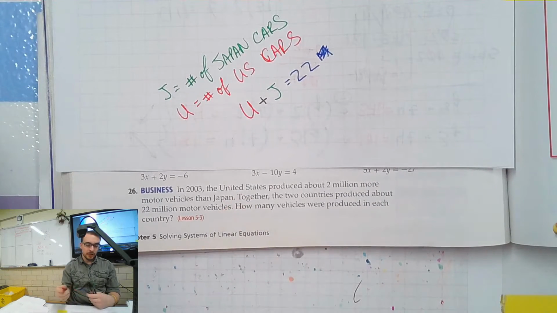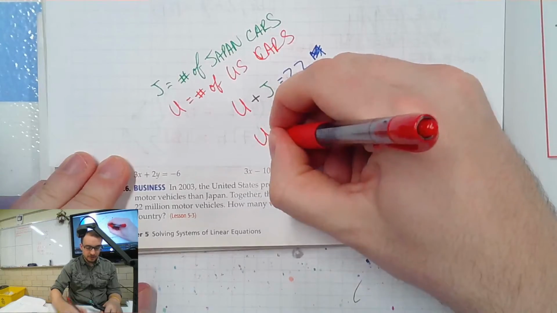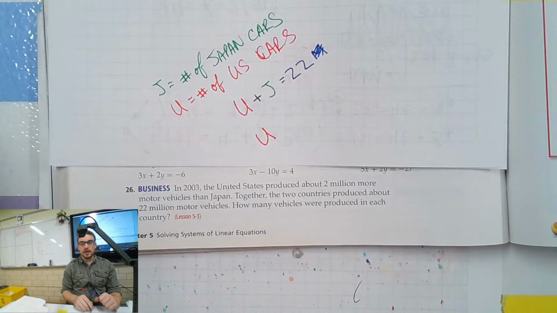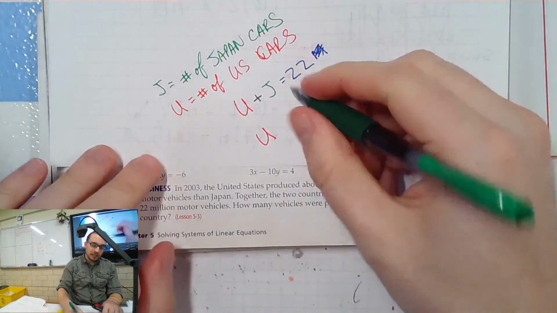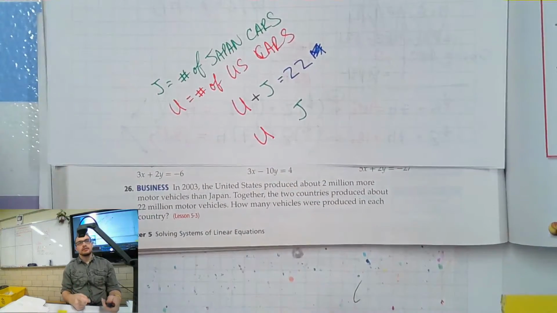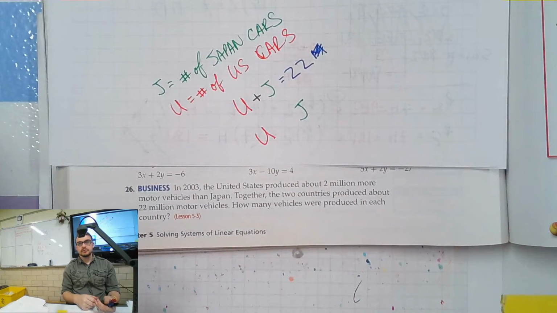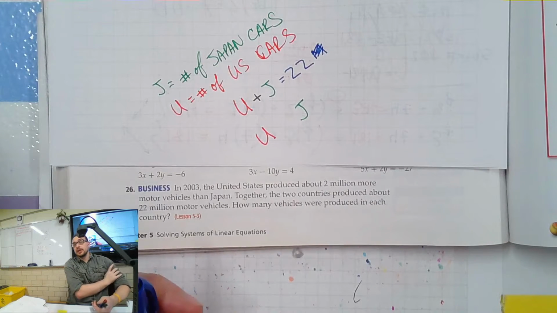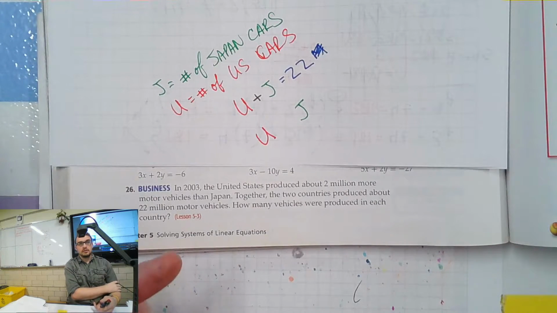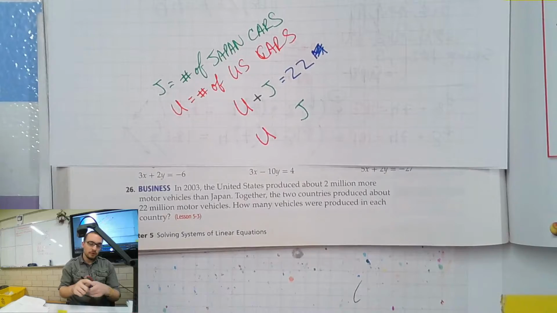Yeah, it's going to be U something, right? Because the United States produced 2 million more than Japan. So there's some relationship between U and J. U equals J plus 2. Boom, she got it.